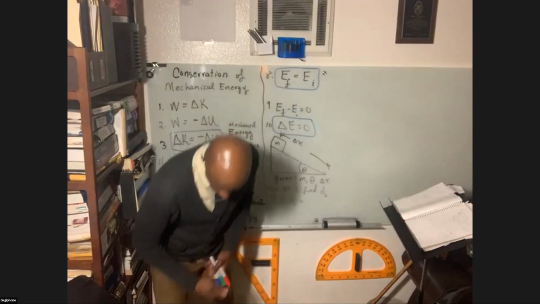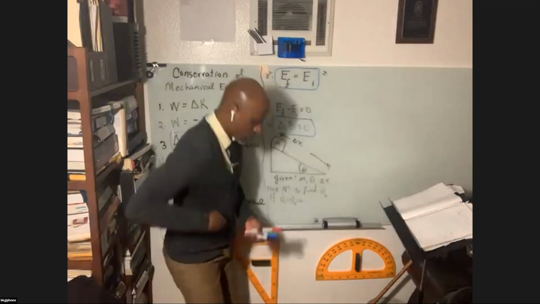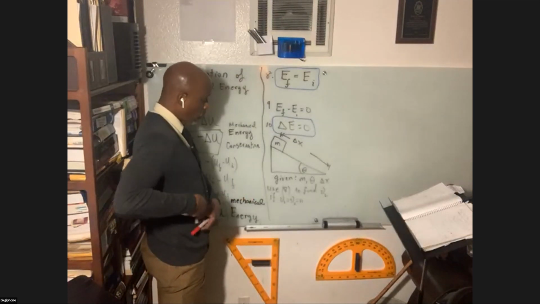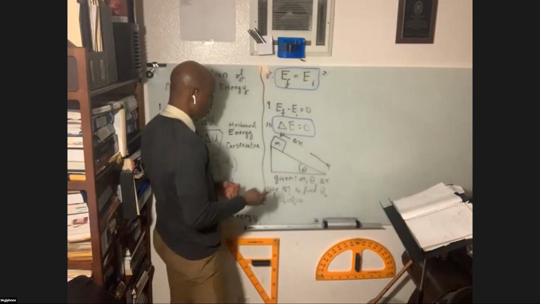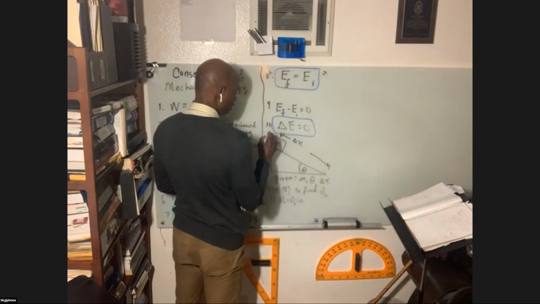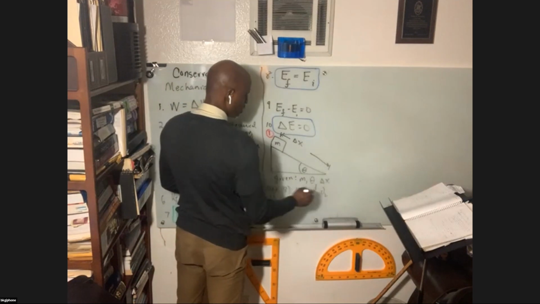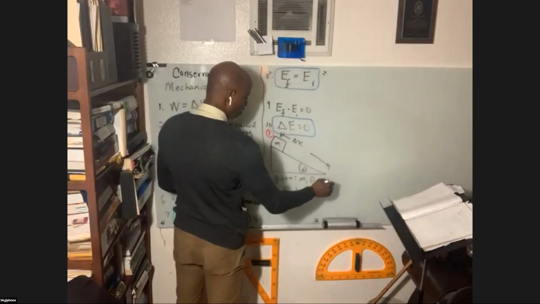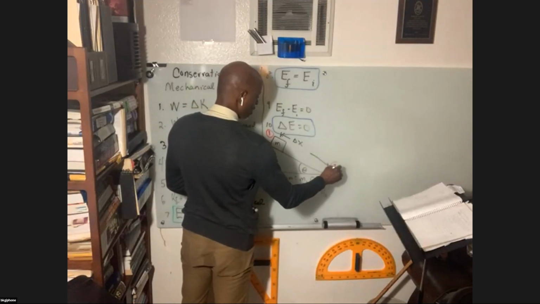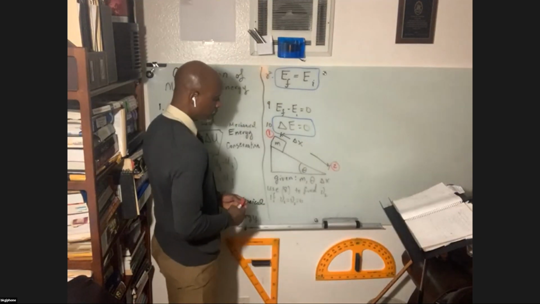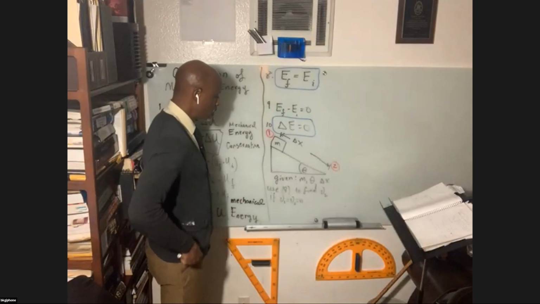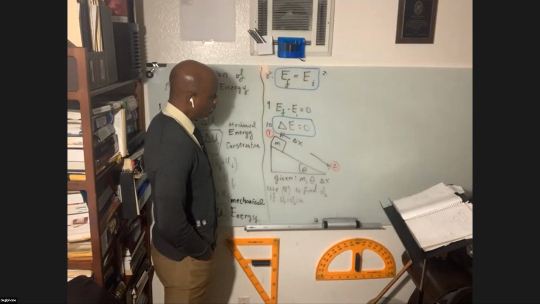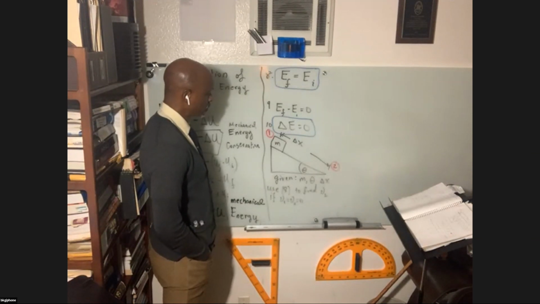The initial point I just call 1. I like to use 1 and 2 as opposed to initial and final. So that's initial position 1, and it starts from rest. So I said that V1 equals 0, and down here is position 2, the final position. So what you want to do is set up a conservation of energy between those 2 points.